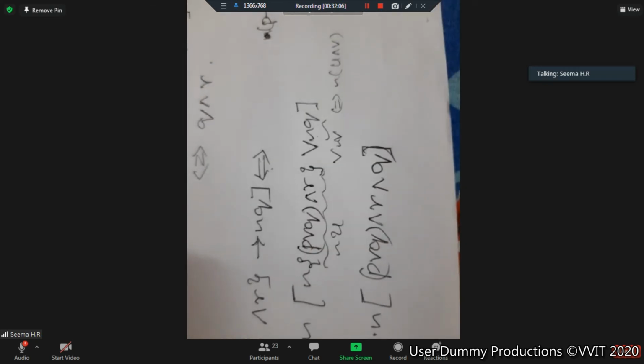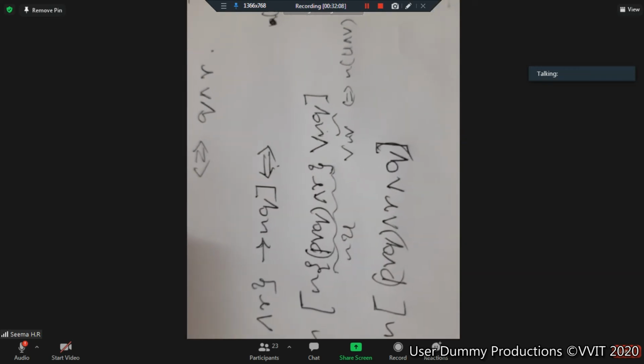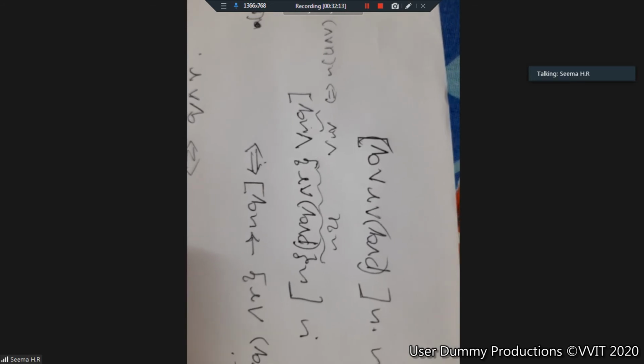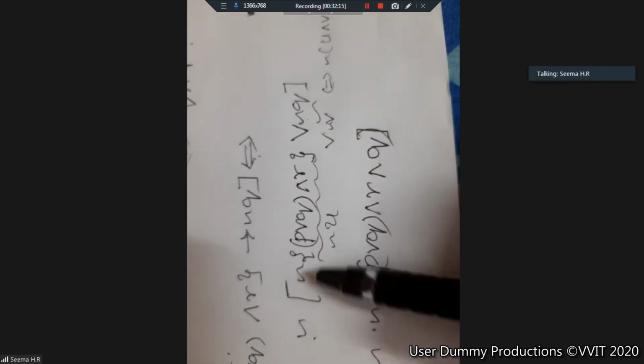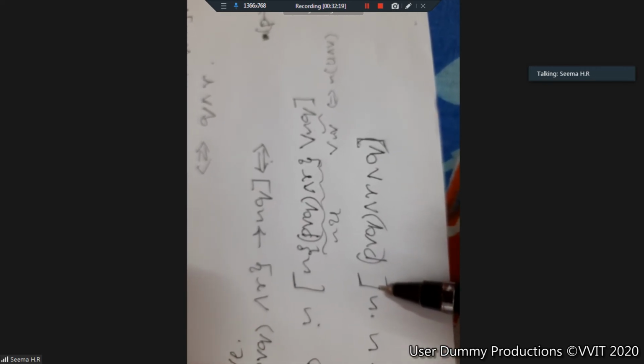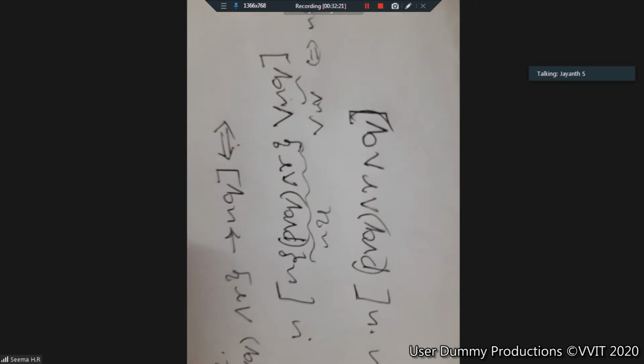Is it okay? Shall I write like this? Yes, ma'am. One negation is already there, one more negation we got. What is negation of negation? Cancel. Negation of negation gets cancelled.